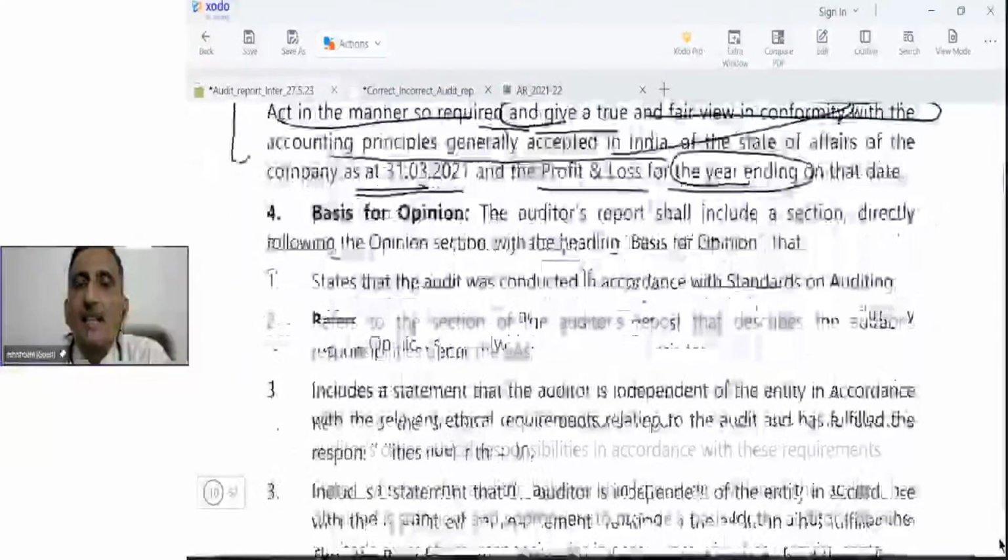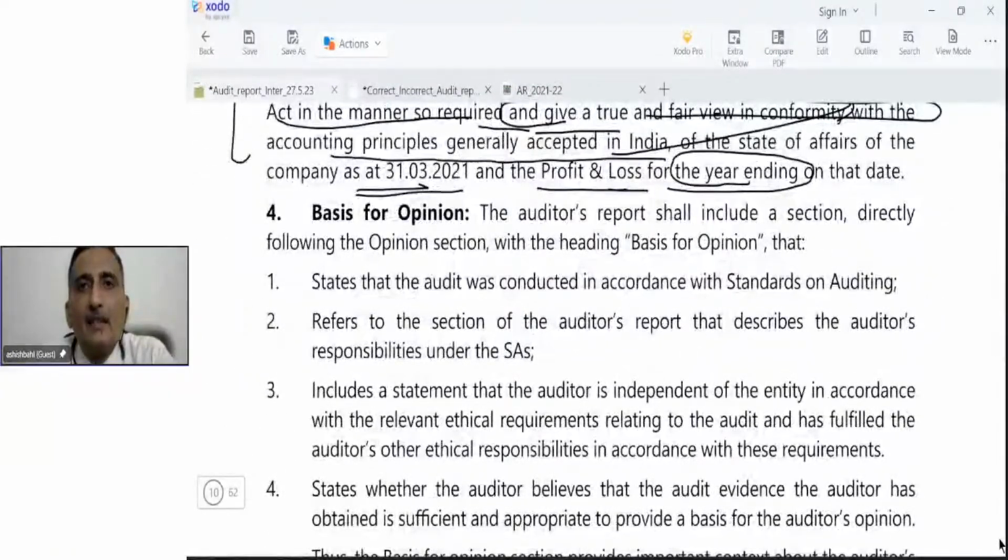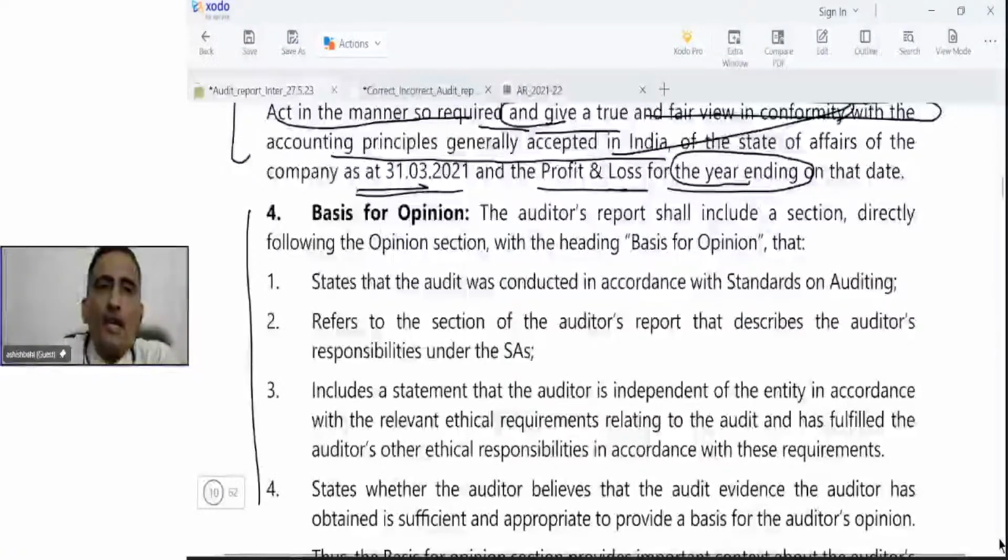Opinion section. There is another para which relates to basis for opinion. Now, say in the above, you have given an unmodified opinion. So now you also have to provide a basis for opinion in the para which follows the opinion. First would come the title, then the addressee, then the opinion, and below the opinion comes the basis for opinion. So how did you arrive?